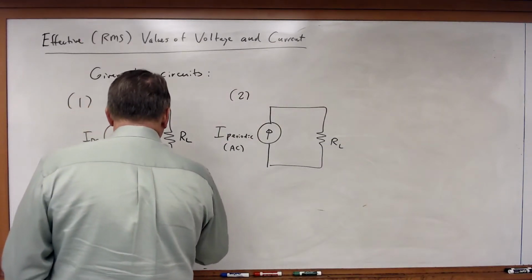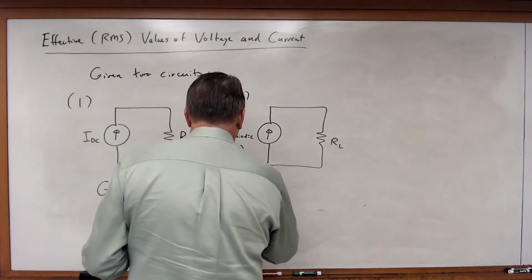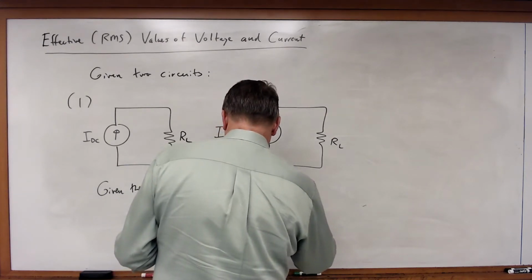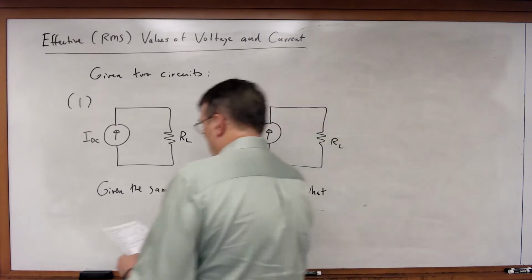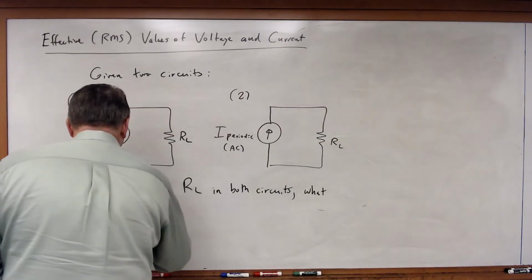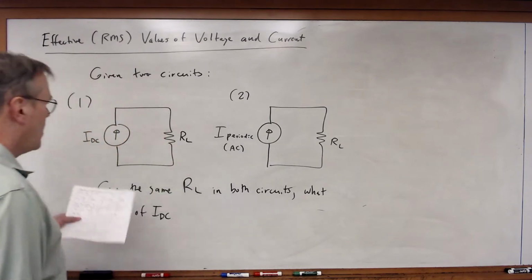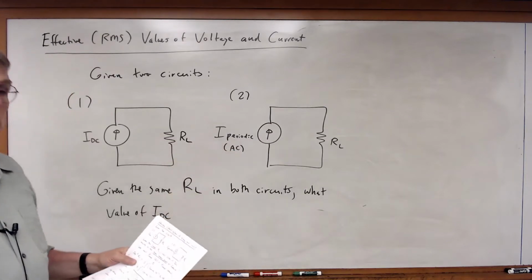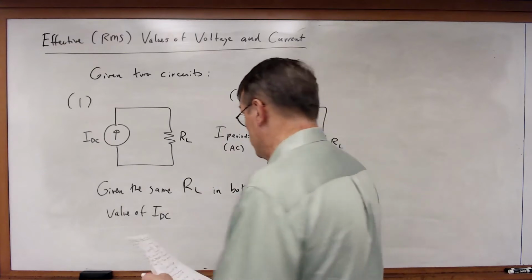Given the same RL in both circuits, what value of IDC results in the same average power dissipated in the load as the periodic current source?